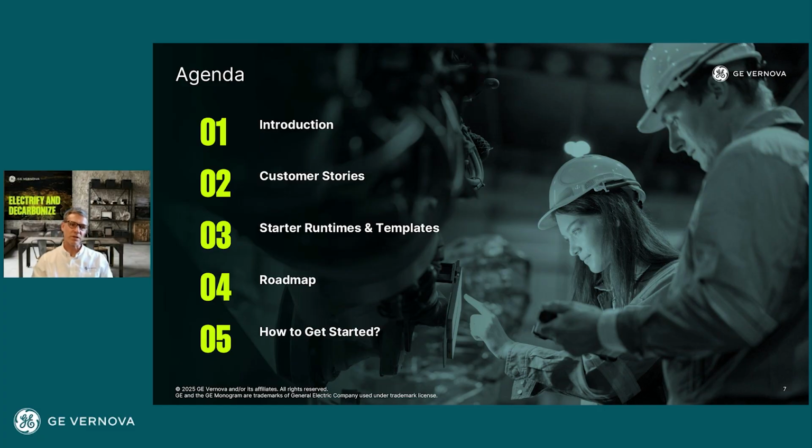We will also cover some exciting news about new free starter runtimes and templates that we are making available that can help customers provide value faster to their plants and assets. Also, we will address the product roadmap and how you can get started as a customer.